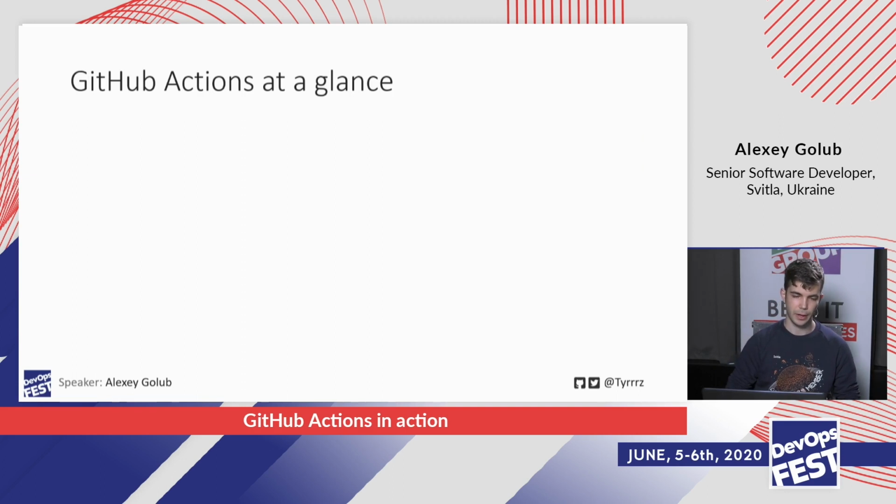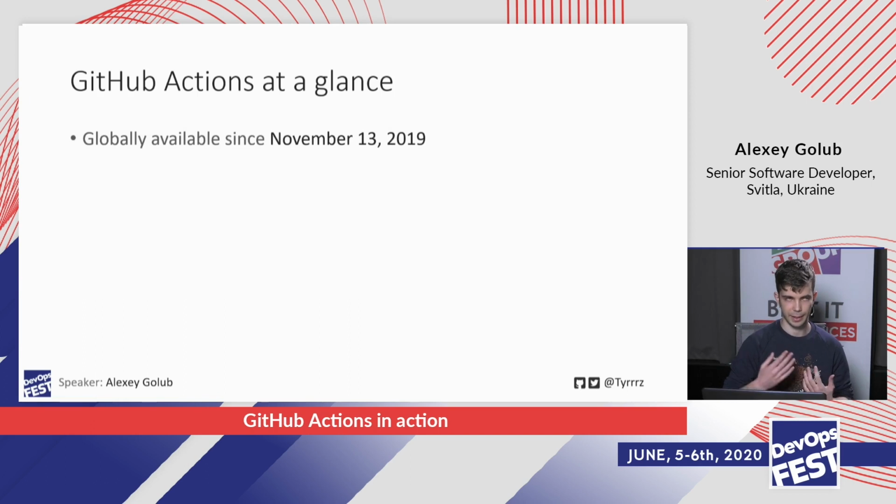So it makes sense to start talking about GitHub Actions by telling what it is at a glance, a high-level overview. And the first thing we can say about it is that it has been out for a little bit less than a year, like I said. So it has been globally available since November 13 last year. And previously it was in beta for around 2 years, but it was closed beta.